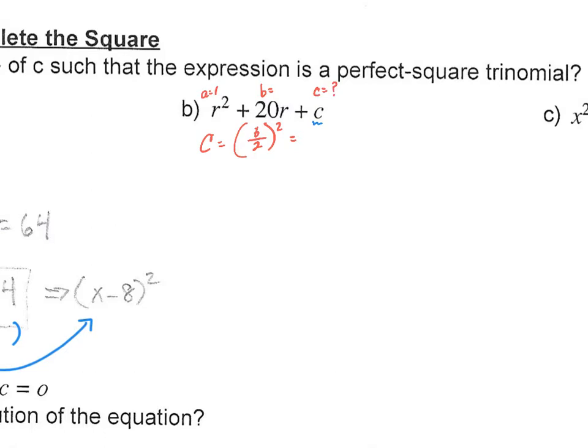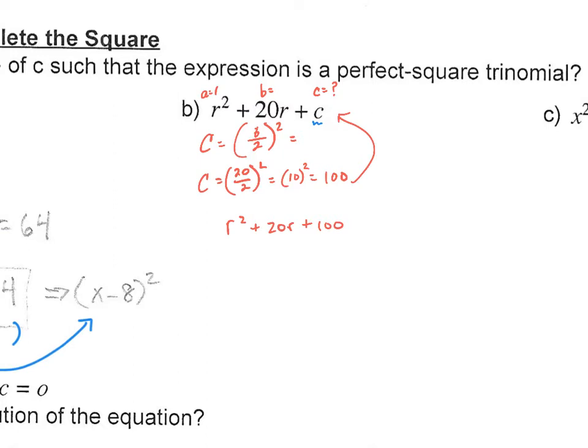So c is equal to 20 divided by 2, squared, which is 10 squared, which is 100. So again, I can rewrite this as r squared plus 20r plus 100.